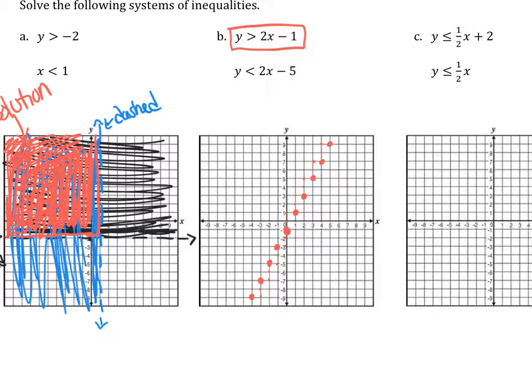And it's y is greater than, not or equal to, so we get a dashed line. Then since it's greater than, we shade above.